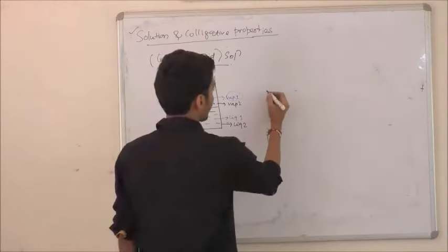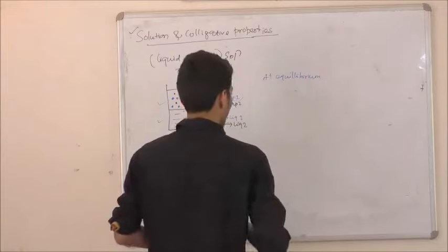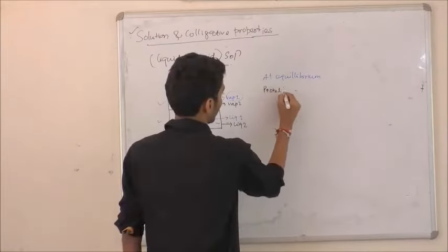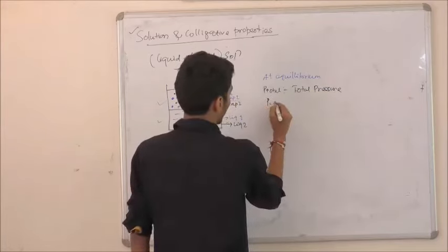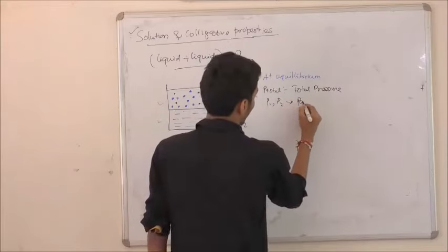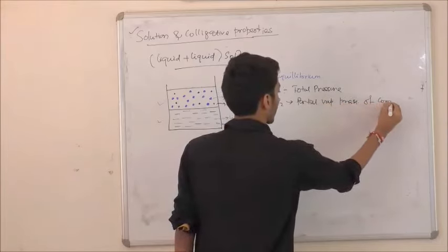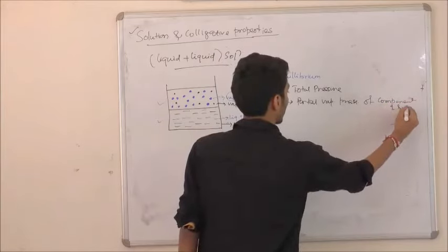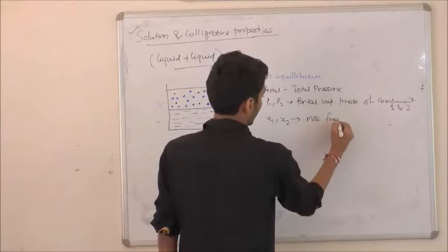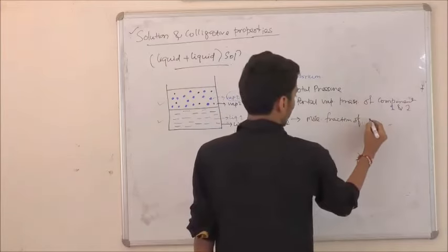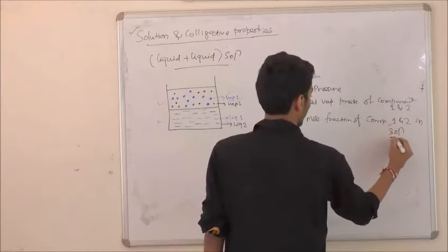At equilibrium, suppose P total is the total pressure, P1, P2 are the partial vapor pressures of component 1 and 2, x1 and x2 are the mole fraction of component 1 and 2 in solution.